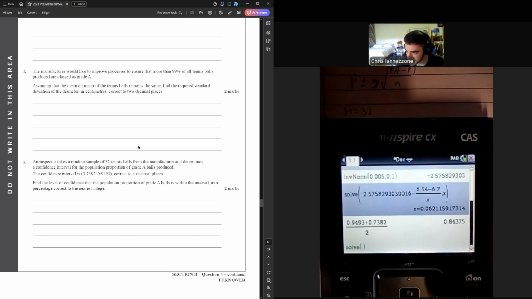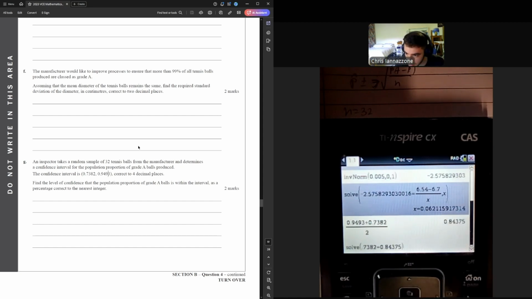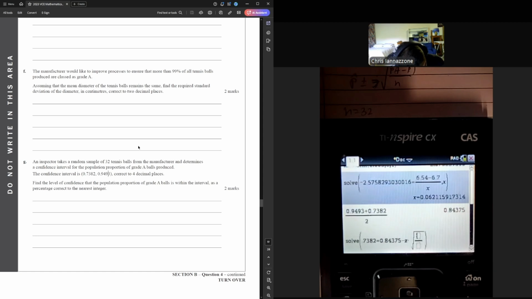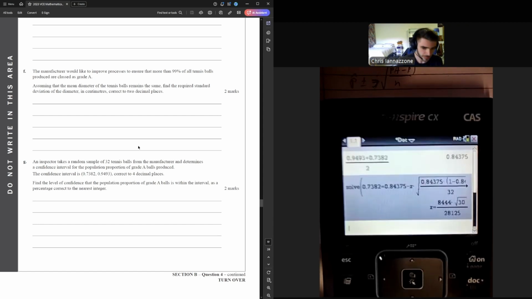So I'm looking for 0.7382 is equal to p hat, which was this, minus z times the square root of our fraction, p hat bracket 1 minus p hat over n, which we know is 32. We're just going to solve that for z. That's going to give us some square root number.